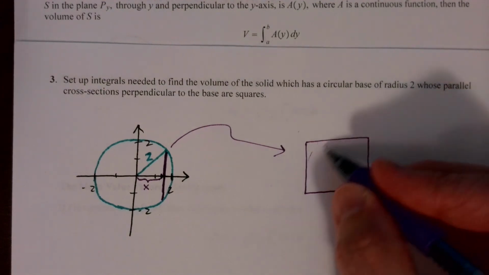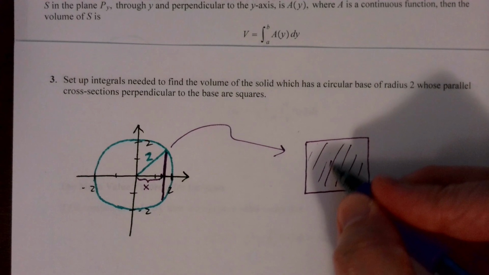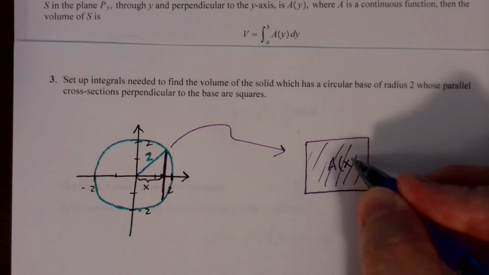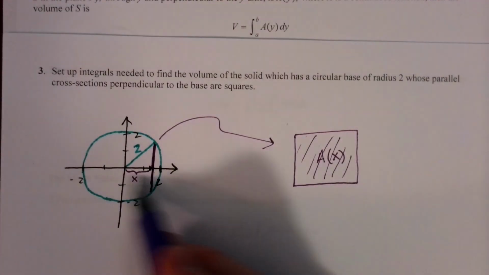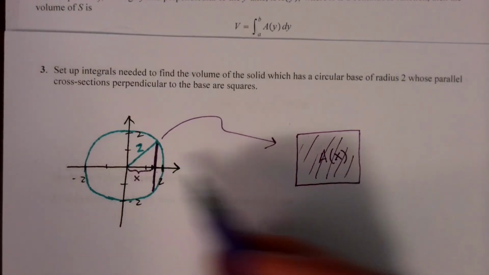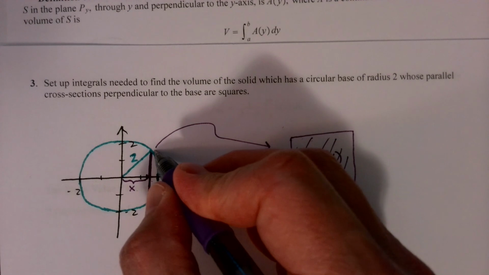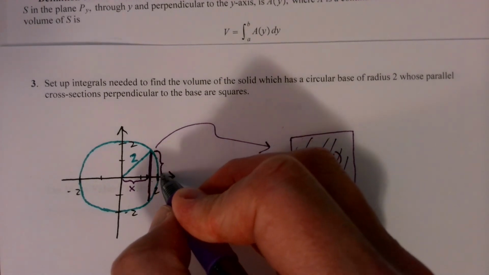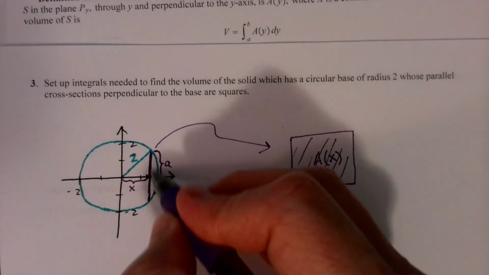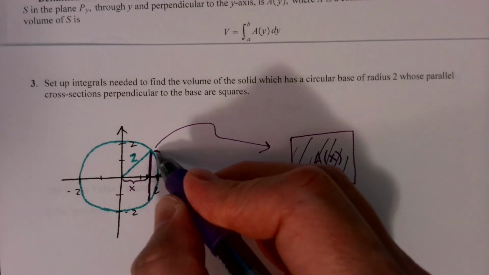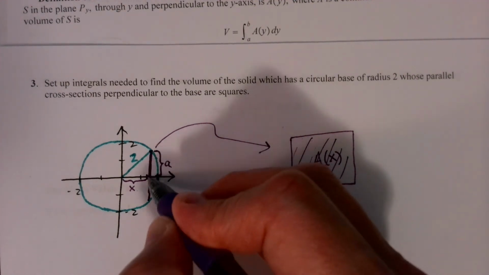Okay, and the area of this square is now area as a function of x. I'm going to integrate with respect to x, right? So as x varies, I need a formula for this. Let's let the height here be a, from the x-axis up to this point on the circle. Let this be a.